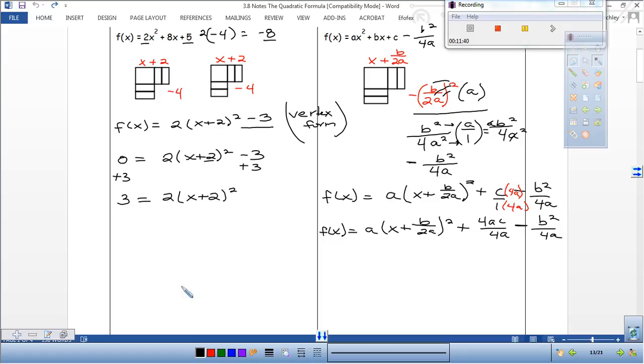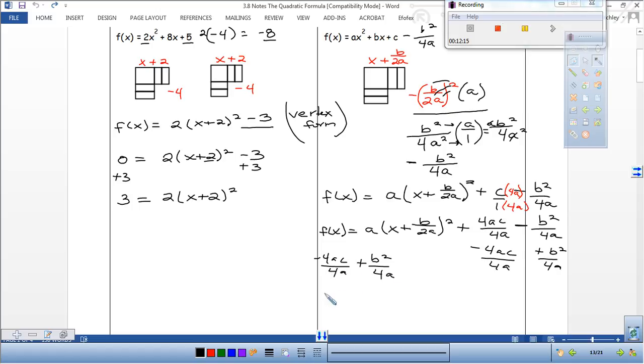Okay. I'm going to do that same thing over here, except I have 2 values here. So I have to subtract this one, and I have to add this one. So I'm going to subtract the 4ac all over 4a. And then I have to add the b squared over 4a. So now I'm going to put these all over 1.